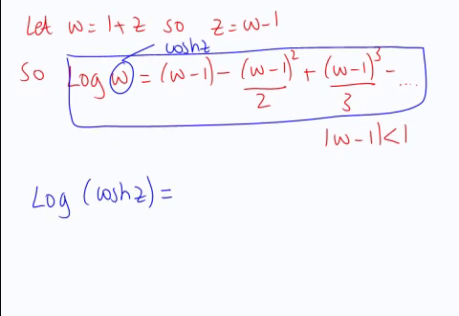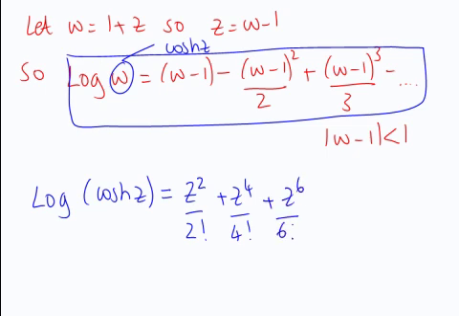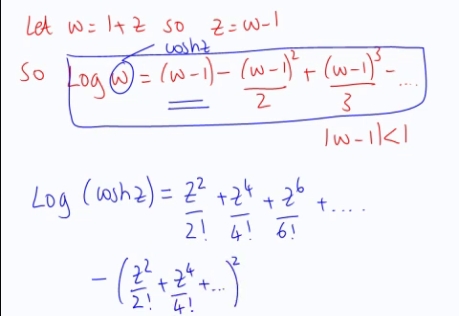I've got to scroll down to do this, but basically I'm substituting one into the other. This is the w minus 1 term, so that's this first term here. Then I've got w minus 1 all squared, multiplied by a half, and then I've got a third of w minus 1 all cubed.